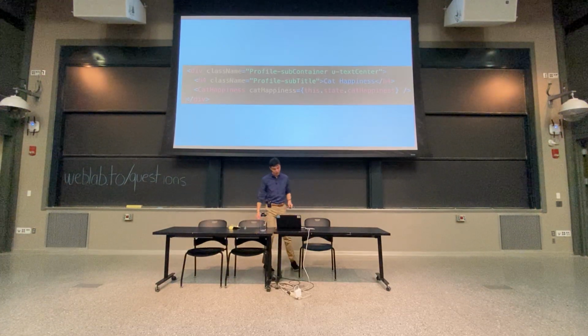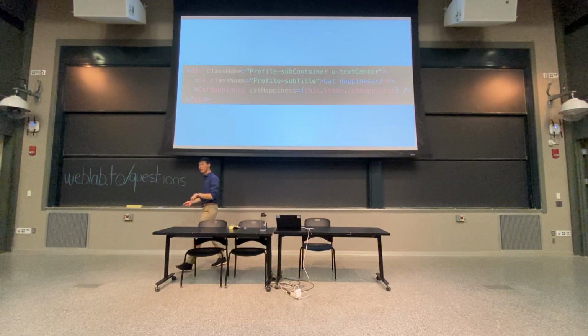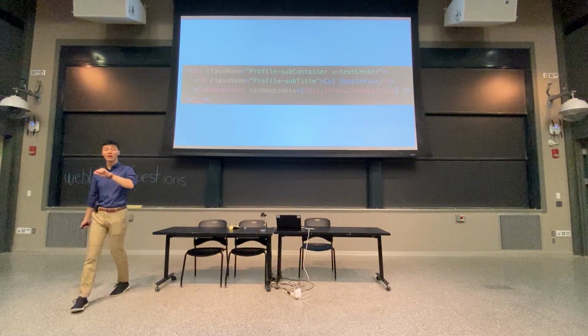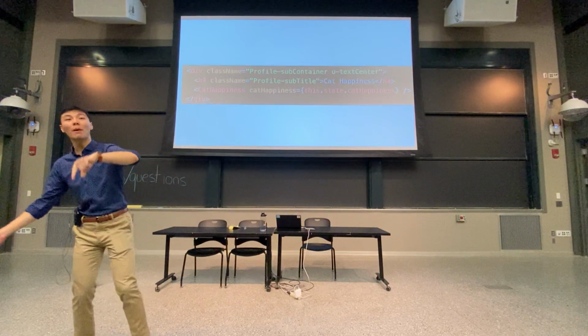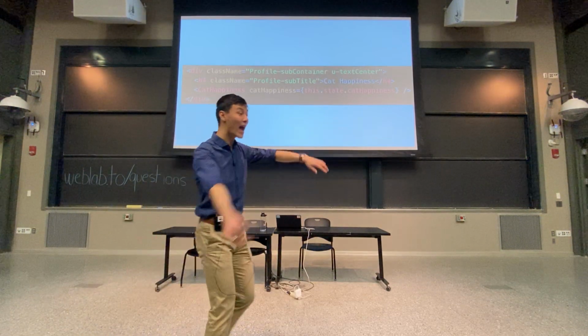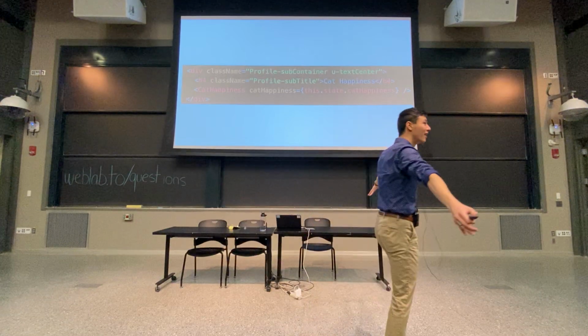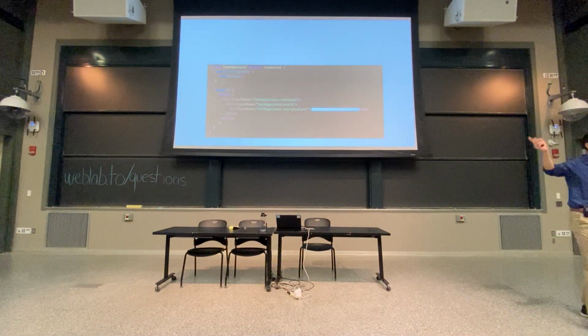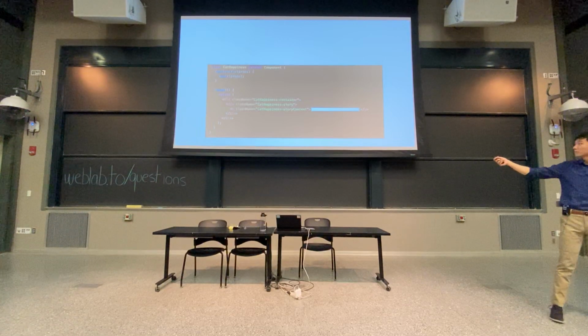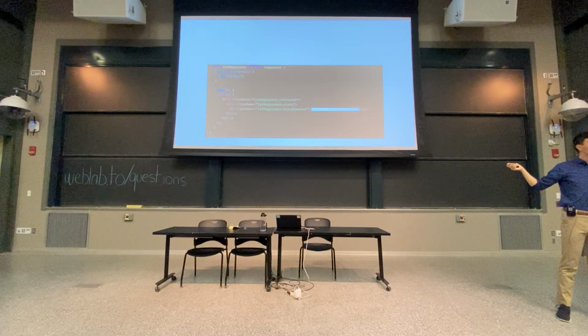Now, inside of cat happiness, we probably want to render the actual happiness. So inside the cat happiness component, what's in the white box there?